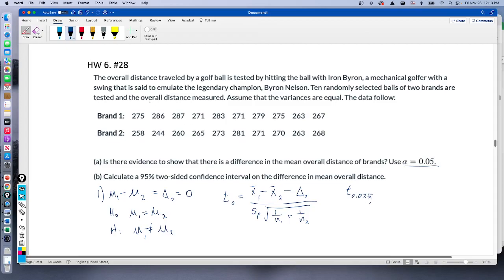Since we have two samples, we add them together, it's 20 minus 2, so that's going to be 18 degrees of freedom. We need to look that up first, and that'll tell us the t-value where we can reject. So if it's either less than the negative part of this or greater than. Let's go look that up on our table.